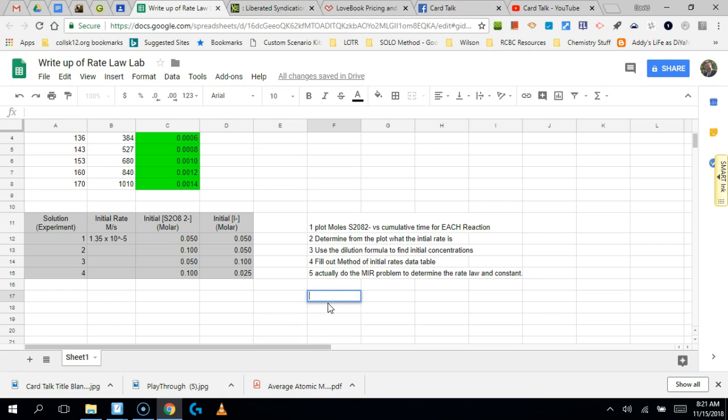Okay, so by the time you get that done, you should end up with not only the rate law, but also being able to determine the rate constant. Okay, so that's how you do the lab, or that's how you write it up. You're going to have to then come up with conclusions, and the conclusions are based on the math, so that's cool. But there it is.